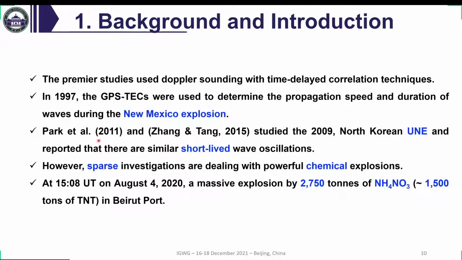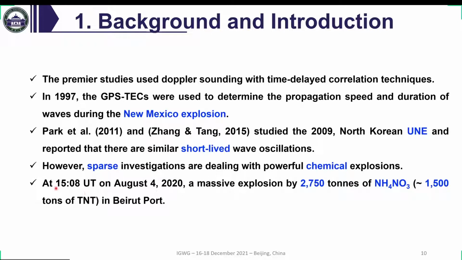Recently, Park in 2011 and Zhang Xiaohong in 2015 studied the North Korean underground nuclear explosion that happened in 2009, and they reported similar short-lived wave oscillations. However, there are sparse investigations dealing with powerful chemical explosions.